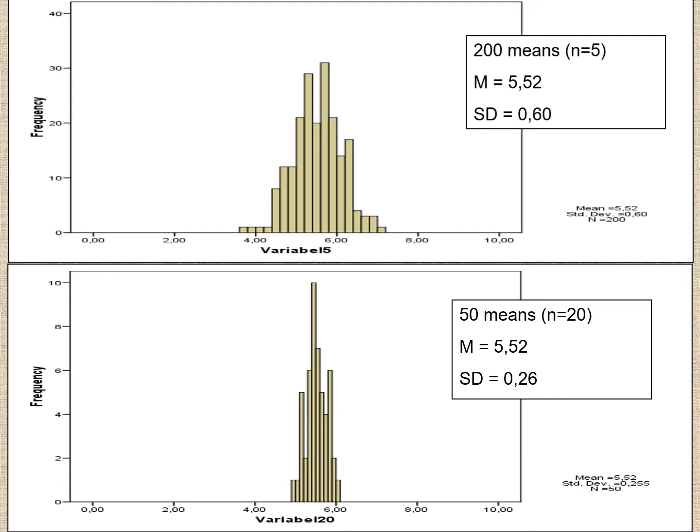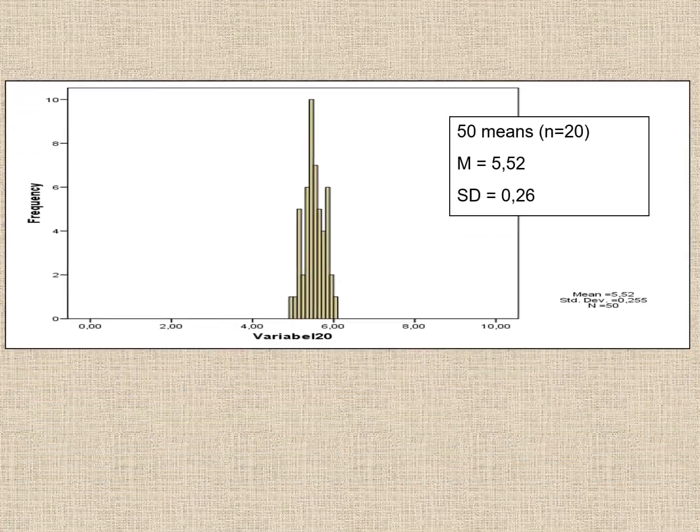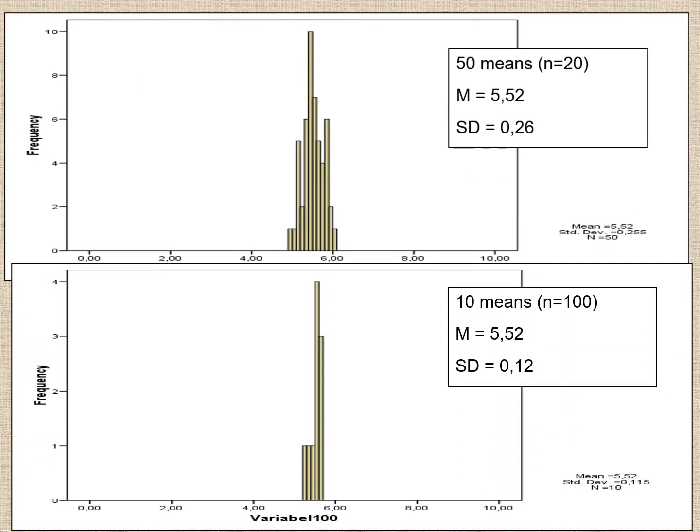And lastly, if we divide the 1,000 individuals randomly into 10 samples with 100 people in each sample, the mean of the sample means is still 5.52, but we have a very peaky distribution with a standard deviation of 0.12. And of course, the standard deviation of 0.12 is much smaller than the standard deviation of the 1,000 individual values of 1.25.